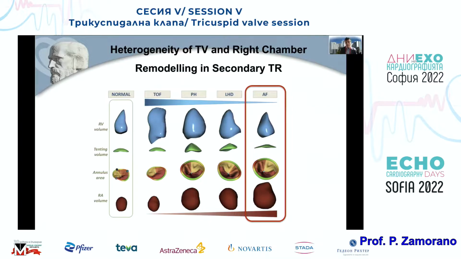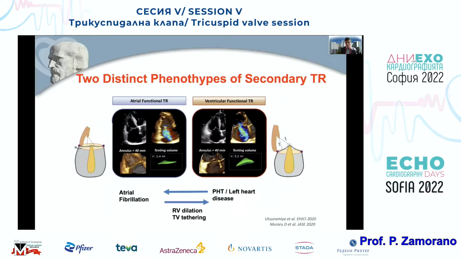This is important: it's not only about the valve, it's also about what happens to the chambers. This is why we have two distinct phenotypes of secondary tricuspid regurgitation. For example, in a patient with atrial fibrillation we will see dilatation of the right atrium, or we can see a patient with ventricular functional TR, for example, a patient with severe pulmonary hypertension.